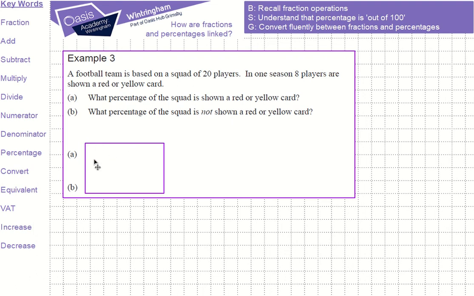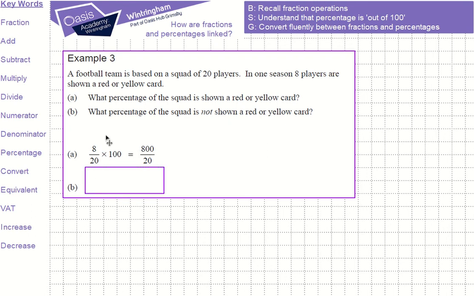So let's have a look at part A first of all. What percentage of the squad is shown a red or yellow card? So we know that the number of players that was shown a red or yellow was 8. And that was out of 20 players. So we can start by writing a fraction of 8 over 20.